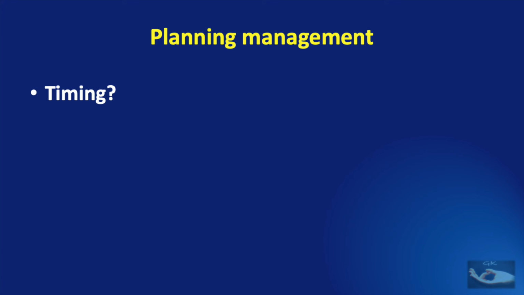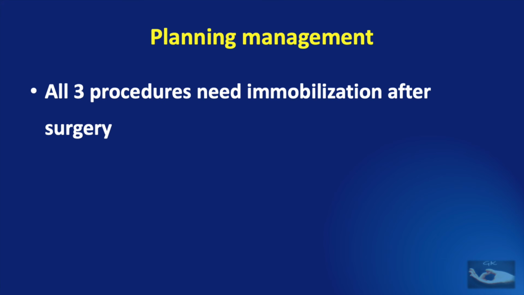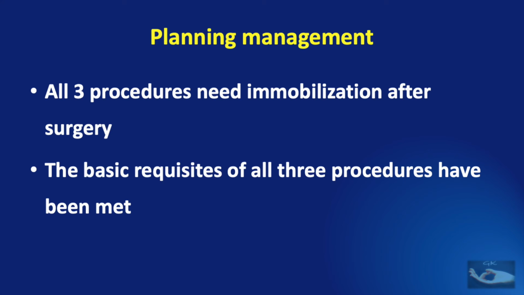But when making a plan in hand surgery, it is not just deciding what procedures are to be done, we also need to decide and plan on the timing. Are these procedures going to be done together or are they going to be done in different stages? Considering this patient, all the 3 procedures required need immobilization after surgery, and the basic requisites of all 3 procedures have been met.